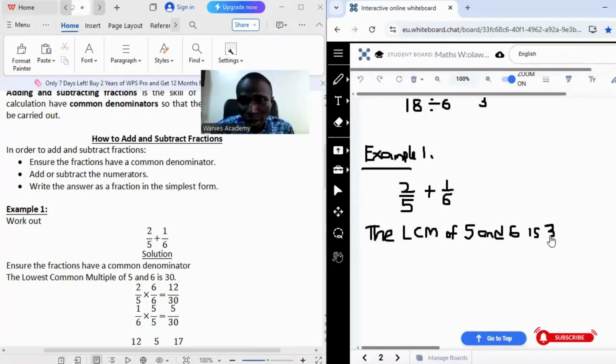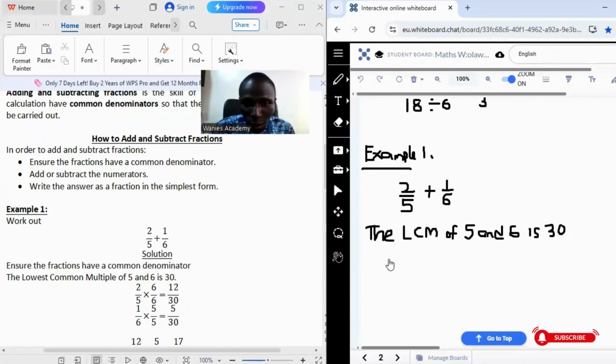We have the LCM of 5 and 6 to be 30. So what we just have to do next here is to multiply the first fraction by 6, multiply the numerator by 6, multiply the denominator by 6 also, and to the second fraction, we'll multiply the numerator by 5, also multiply the denominator also by 5, so that we can have a common denominator.